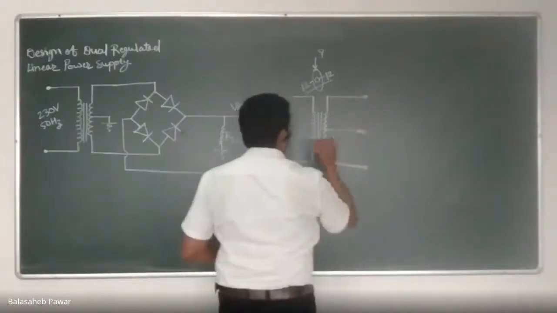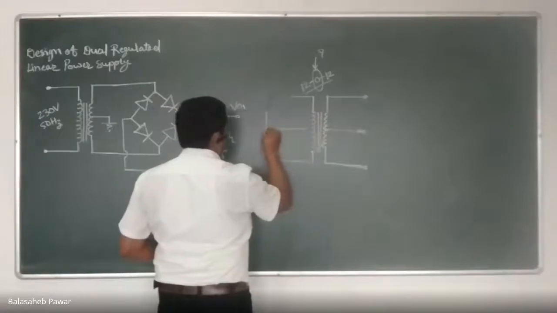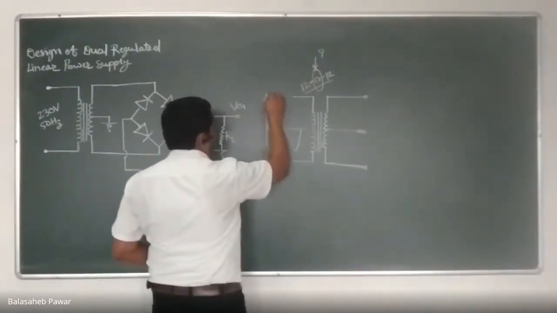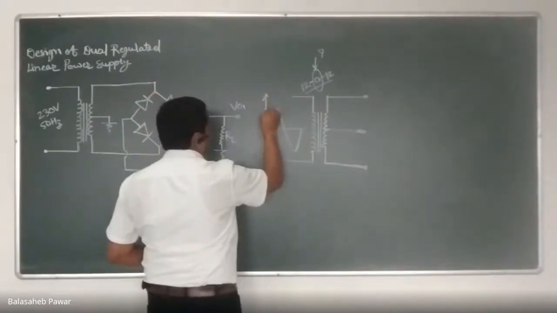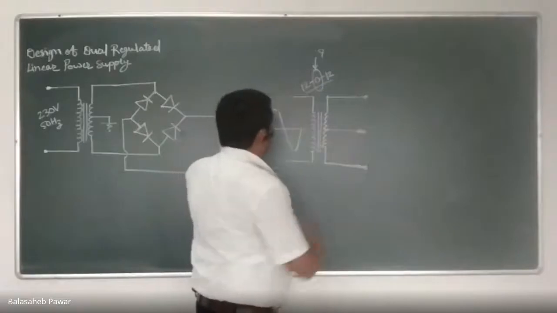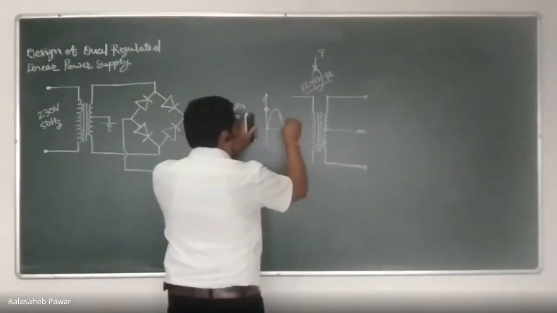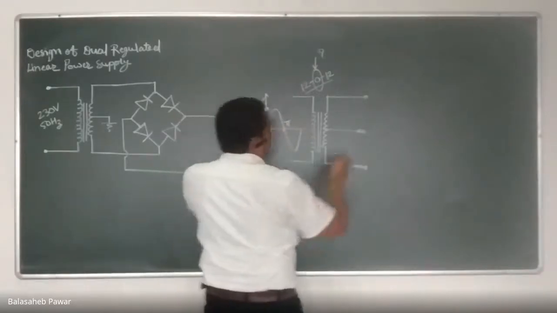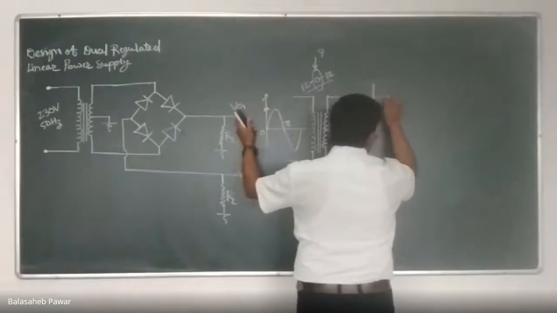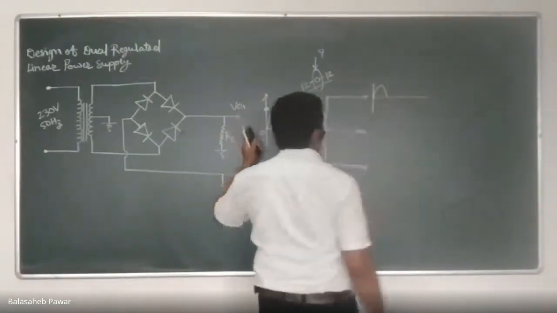Now, remember, suppose we are considering that input voltage as 230 volt AC with a peak voltage of 325 like this. This is nothing but 325 volts peak, correct? Or 230 volt RMS. We consider during the positive half cycle of that input, that is between 0 to pi, this first outer terminal will get positive potential like this.